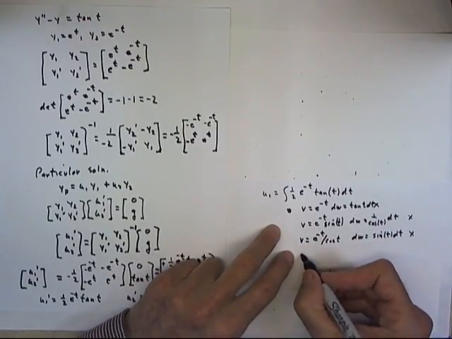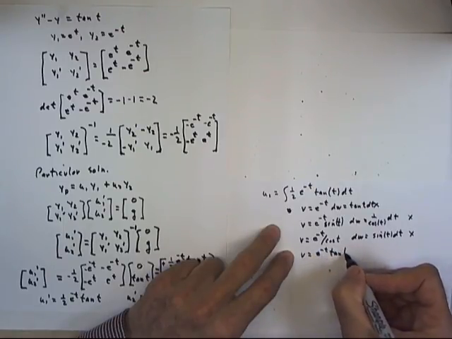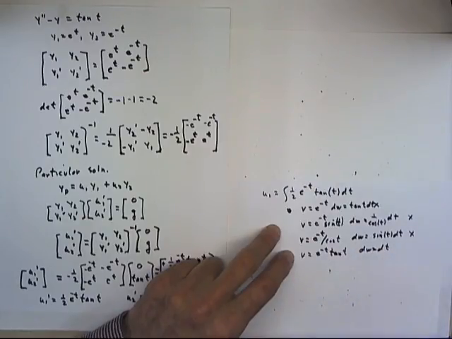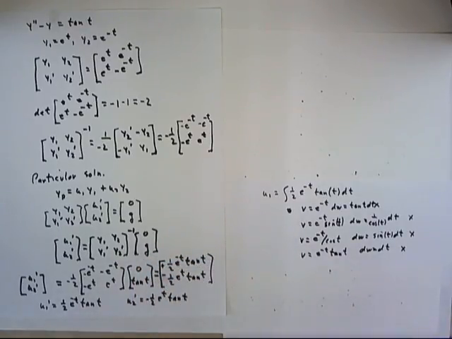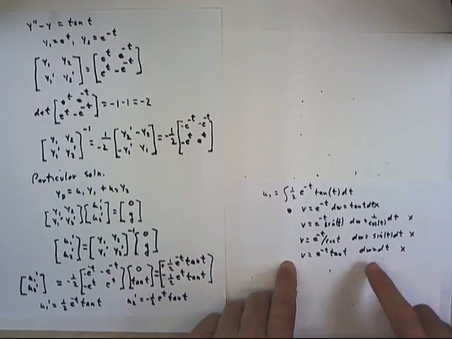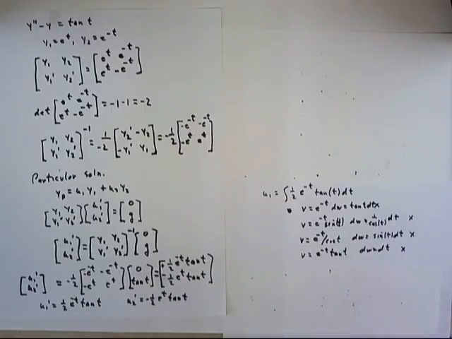We could let v equal e to the negative t tangent t and dw equal dt. Not going to help us either. And the problem is that none of these breakdowns lead us to anything that really simplifies when we do an integration by parts.